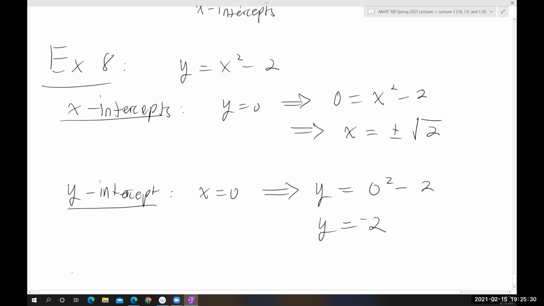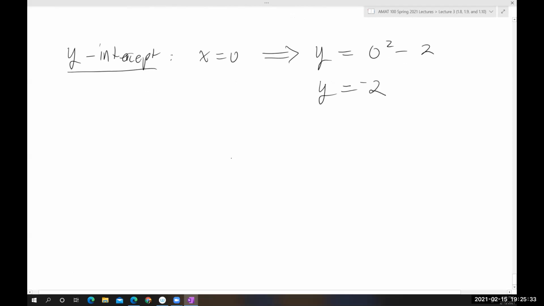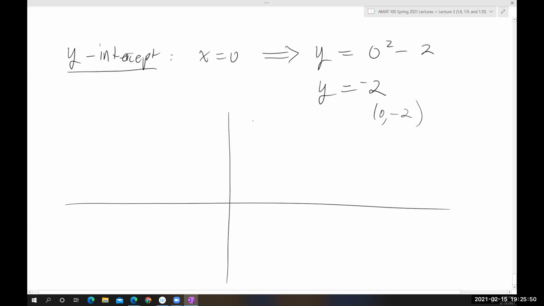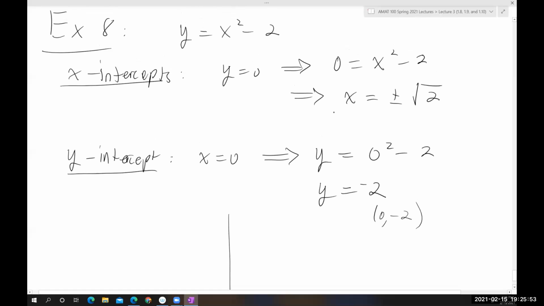And from these intercepts, you can actually kind of recover the graph. So we know this is a quadratic equation, y is equal to x squared minus 2. So it's going to kind of look like a parabola of some sort. So this is the y-intercept. The point in the plane corresponding to this intercept is (0, negative 2). And the points in the plane corresponding to these x-intercepts are (square root of 2, 0) and (negative square root of 2, 0).